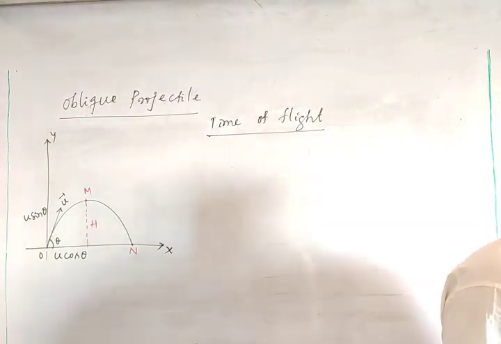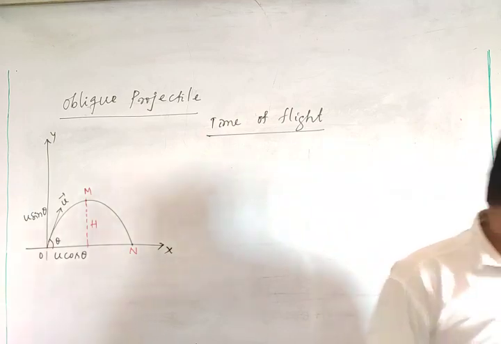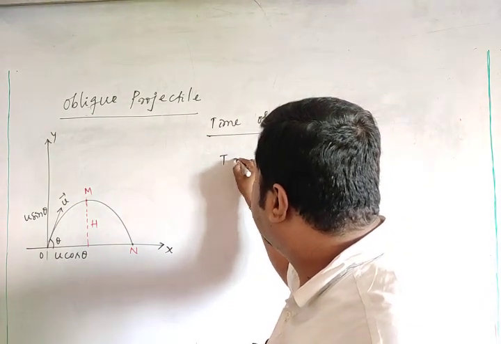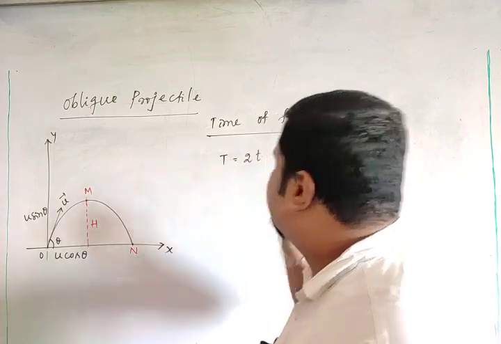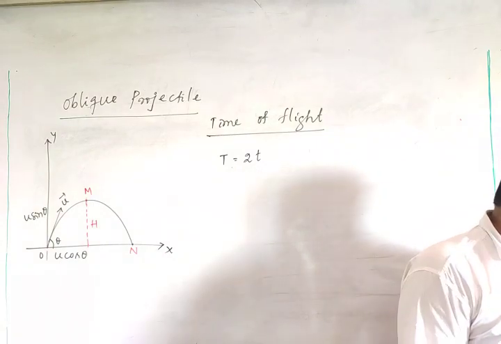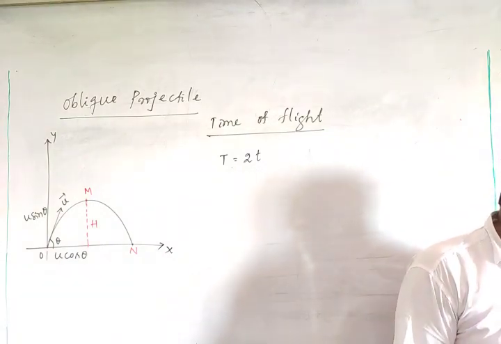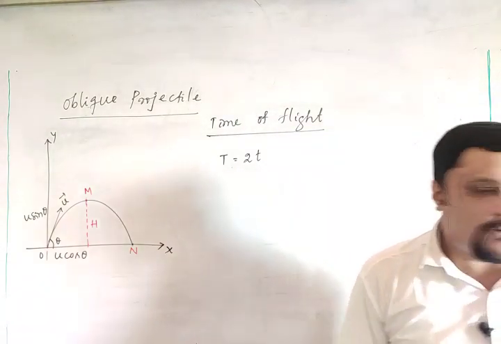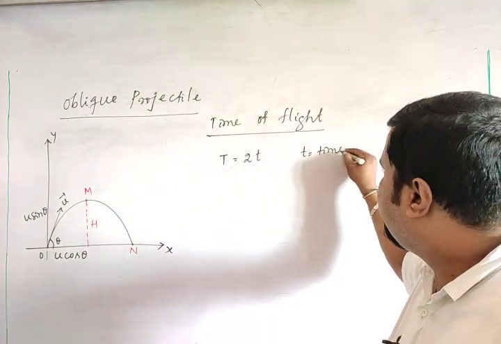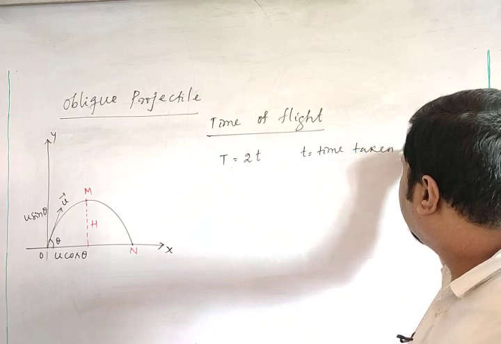So let us consider the time of flight. Let me consider this time of flight T is equal to 2 times t. What is this t? t is the time taken to reach from O to M, that is, the time taken by the projectile to reach the maximum height.